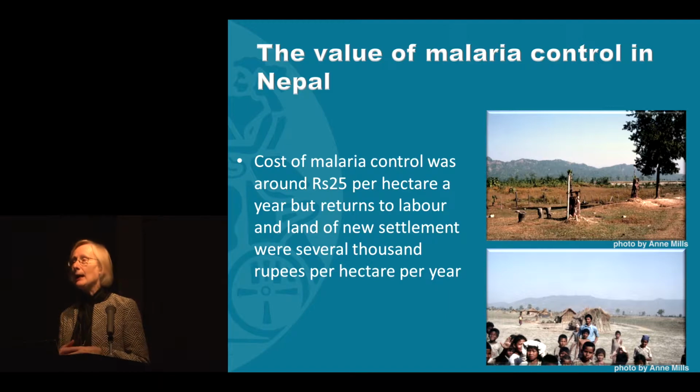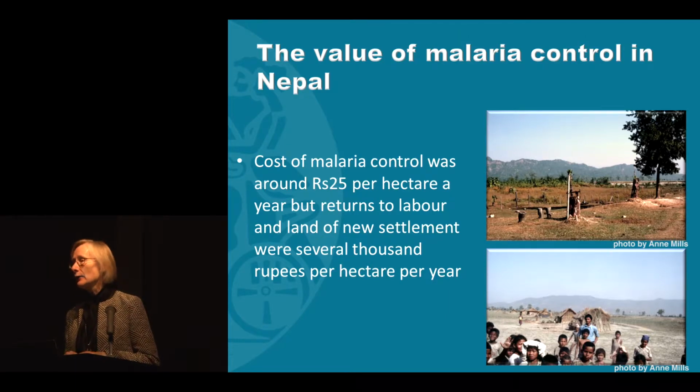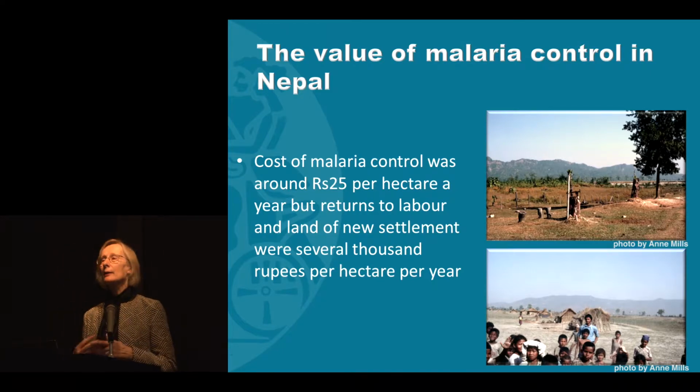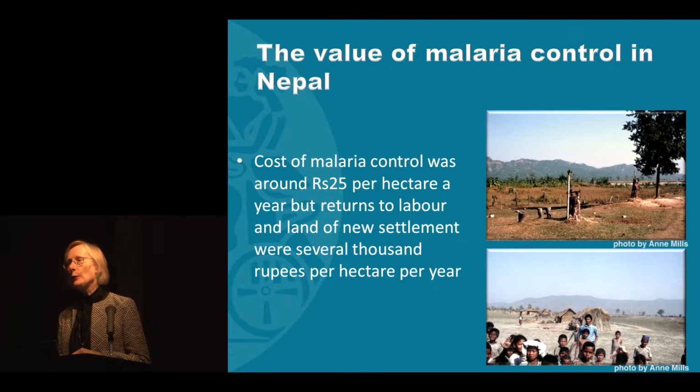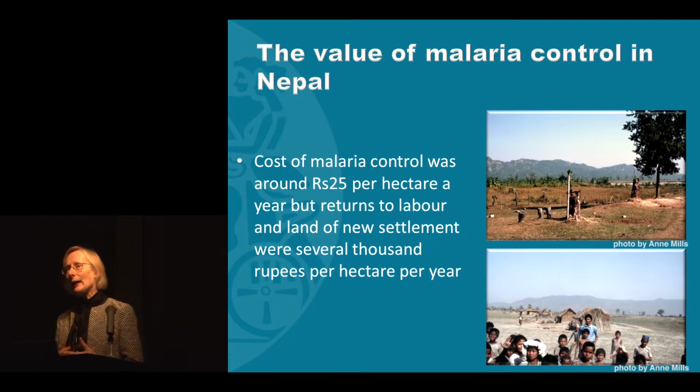And it became clear that this area shown in the upper photograph, known as the Inner Terai, which was surrounded by hills, had had relatively few people, and that it did indeed seem as if the malaria control efforts had enabled people to move into that area and to survive. There were historical accounts of immigration into the area where many people and children had died from malaria.